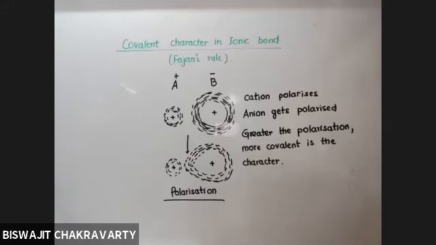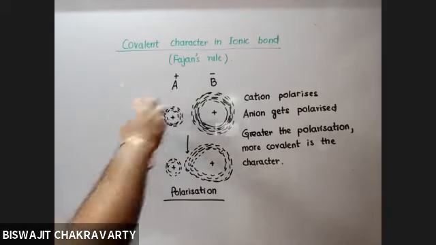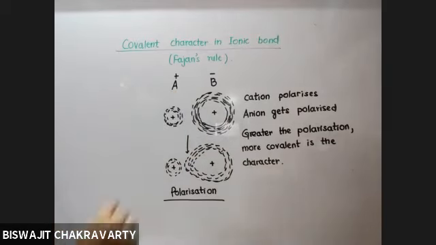So the question arises that when we talk about the process of polarization, when is the polarization more and when is the polarization less? So let us again come back to the original condition. When we talk about the cation, smaller the size of the cation, more will be its nuclear charge, isn't it?